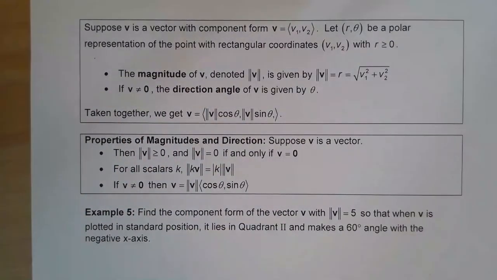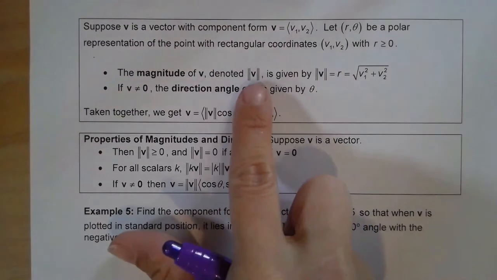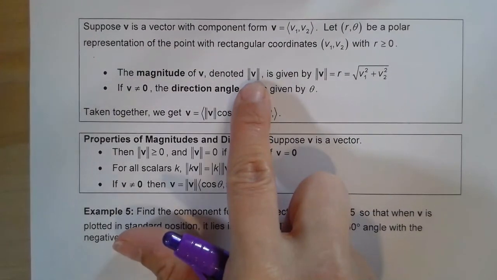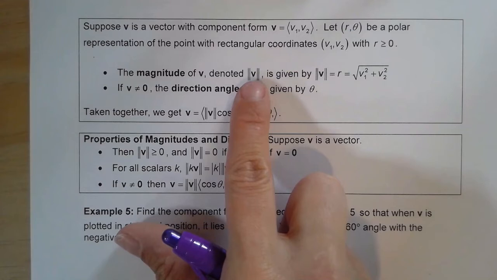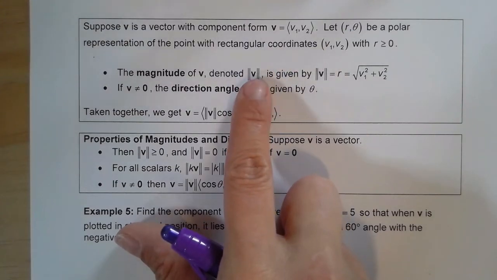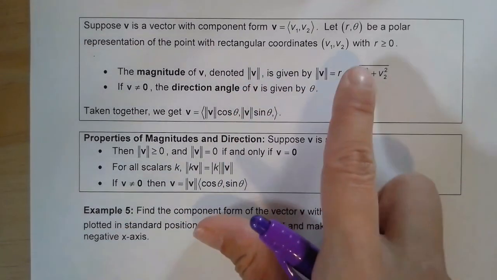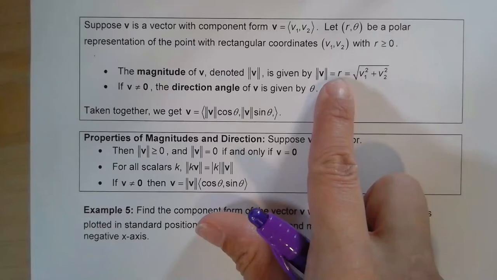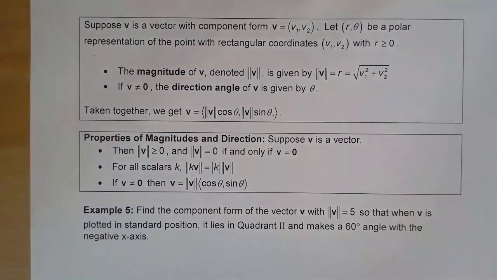When we talk about the magnitude of v, by the way, it's like this double absolute value sign. Anytime you see this, I want you to automatically think of magnitude. And magnitude is the same thing as r from last section, and we can get this by doing the square root of v1 squared plus v2 squared.